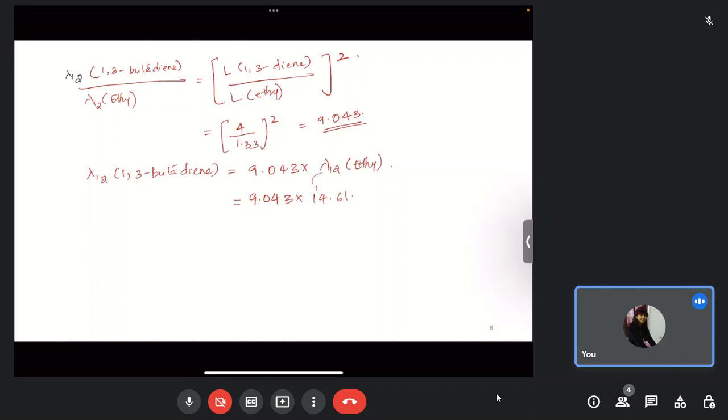So that's going to be 14.61 into 9.043, 132.118, and this is at a particular nanometer, 14.61 nanometer, so this is going to be 132.118 nanometer.